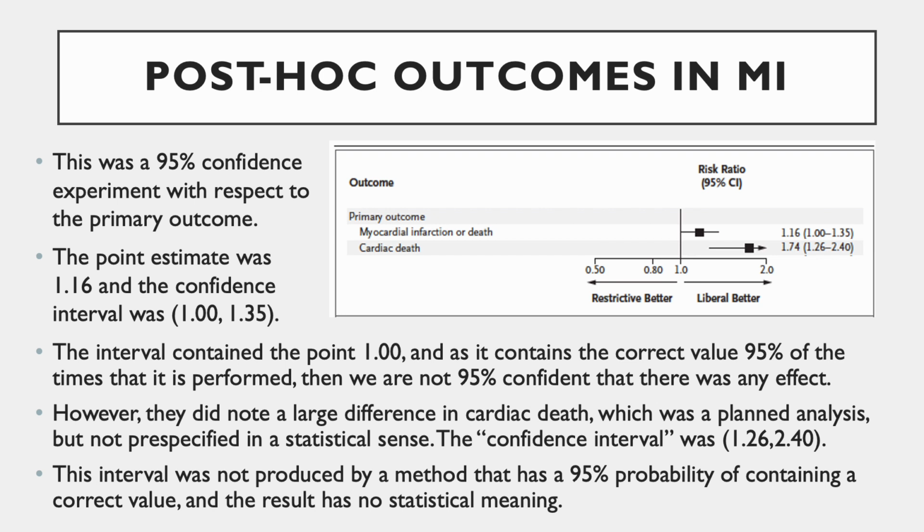The point estimate was 1.74, and that quote-unquote confidence interval went from 1.26 to 2.4. But that wasn't a confidence interval because it wasn't produced by a method that had a 95% probability of working. Therefore, it really has no direct meaning except perhaps to motivate a future study if somebody wanted to do that.